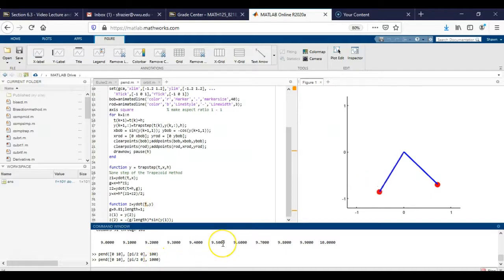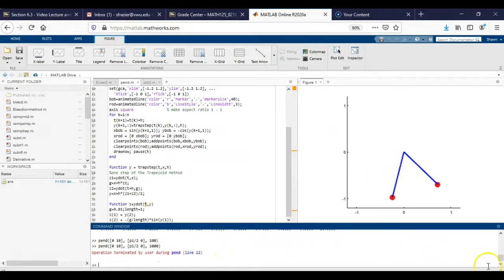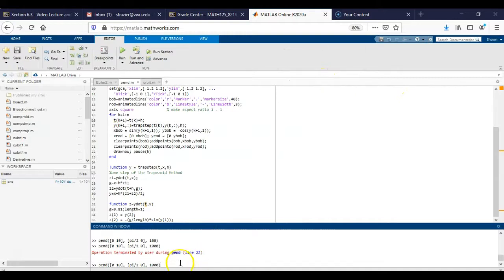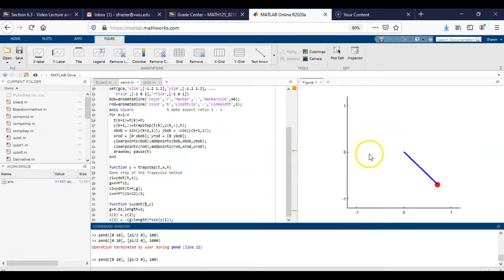So if we go back, keep your eye on the bob of the pendulum. So here you can see it starts out going back and forth, gets horizontal, but as time increases, you can see what's happening to that angle.